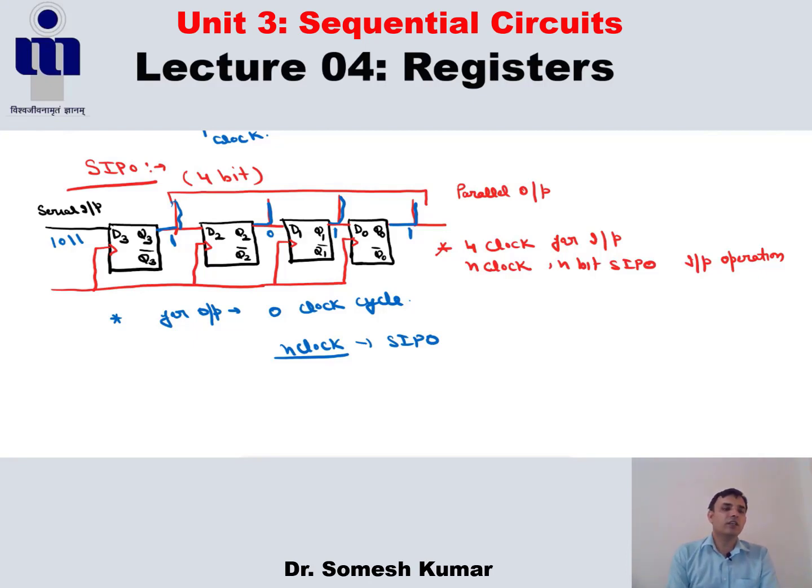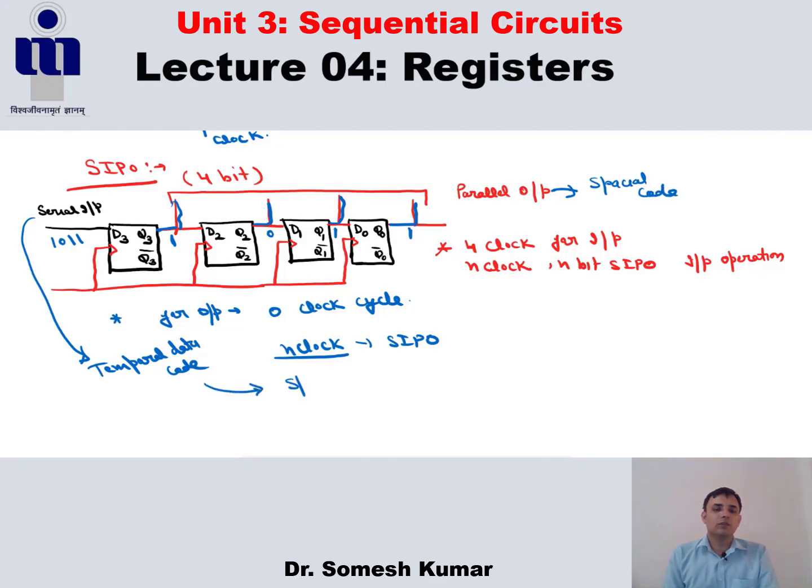Sometimes this serial input is also called the temporal data or the temporal code, and this parallel output is sometimes also called the spatial code. So this SIPO is used as a temporal code to spatial code converter.